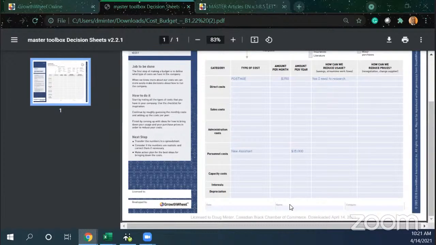The first step into any budget, any financials: how much does it cost? What does it cost to me to produce this product or service? And it's going to allow you to price appropriately. The other thing with cost, make sure that you're paying yourself. If you don't pay yourself, it's not smart.